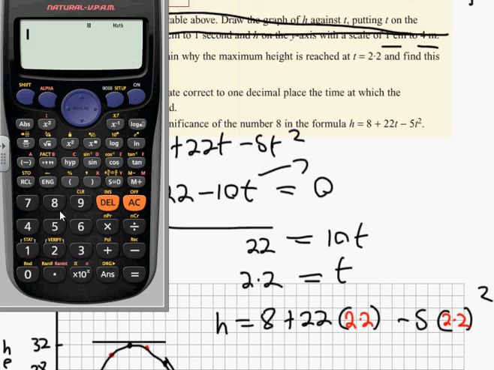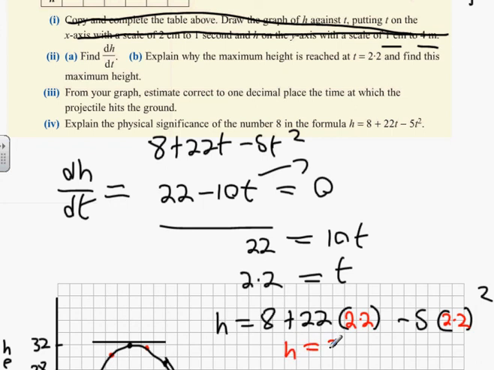So you're going to get 8 plus 22 times 2.2 minus 5 times 2.2 squared. Our maximum height is 32.2, above 32 meters, okay? So h equals 32.2 meters.